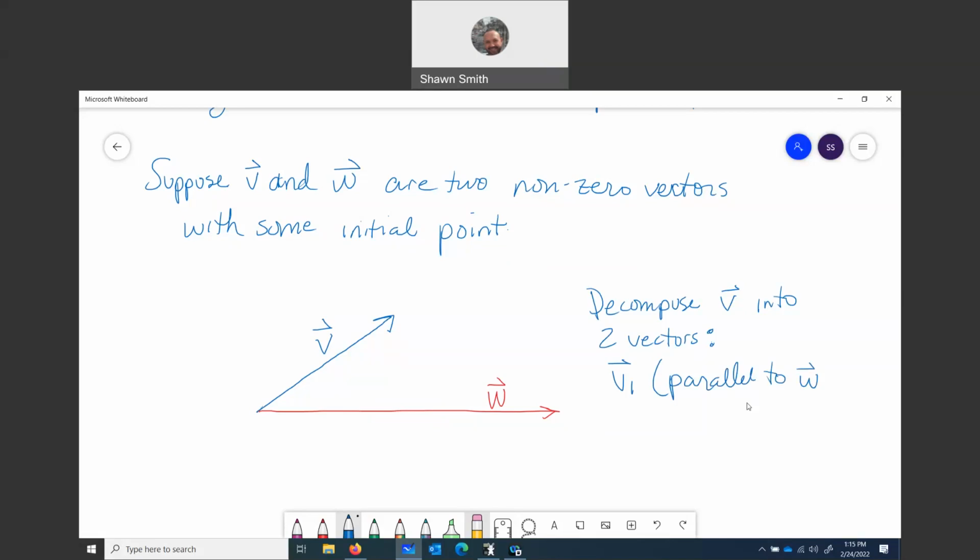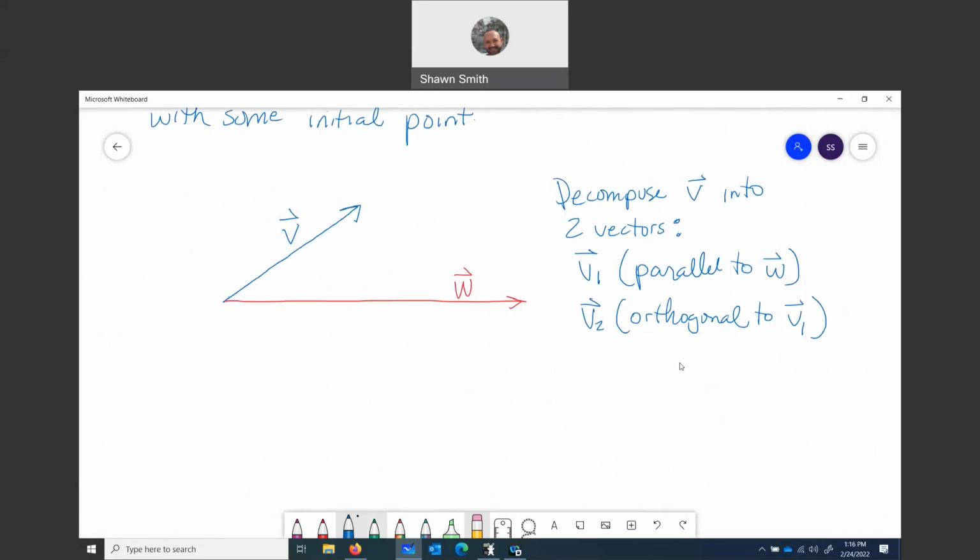It may be the same length, I doubt it, but it's going to be either shorter or longer than W. And then V2. Once we find V1, we're going to find V2 to be orthogonal to V1. So V1 is called the vector projection of V onto W.